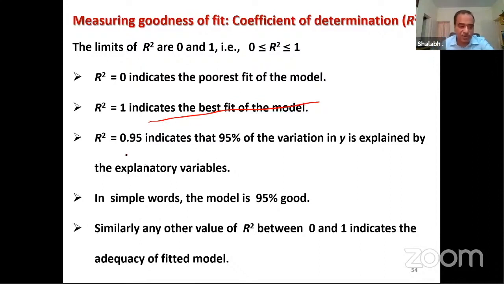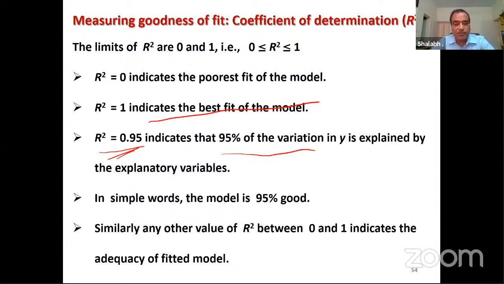And if you get any other value of R square between 0 and 1, say 0.95, then in general words I can say it would indicate that 95% of the variation in y is being explained by the choice of variables that we have considered, and in general this model is 95% good.